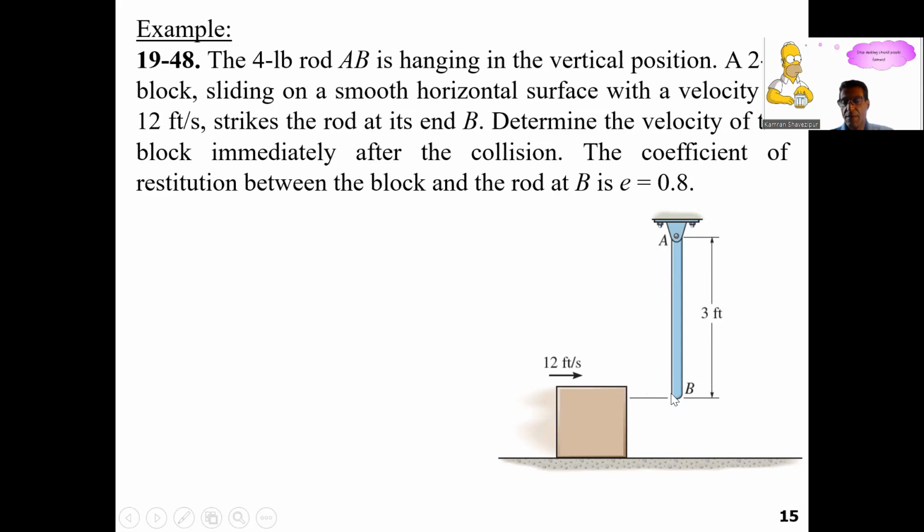When it hits B, you're going to have this eccentric impact, right? After this hits B, you may expect the rod to start rotating to the right. The block may go to the right or left, depending on the equations, obviously. The coefficient of restitution is 0.8. The problem says find the velocity of the block, of course, and the velocity of the rod after the impact.